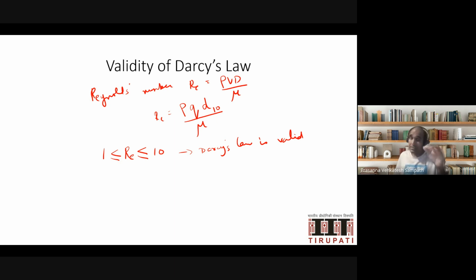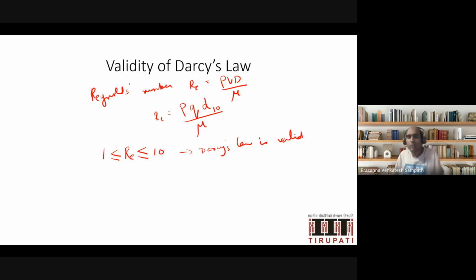And if Reynolds number is less than 1, there too, basically you're in a situation where the soil is very highly fine grained. Okay, very, very fine soils, which means the Darcy velocity is very, very low. And when that happens, you may end up in a situation where the flow itself is not happening.